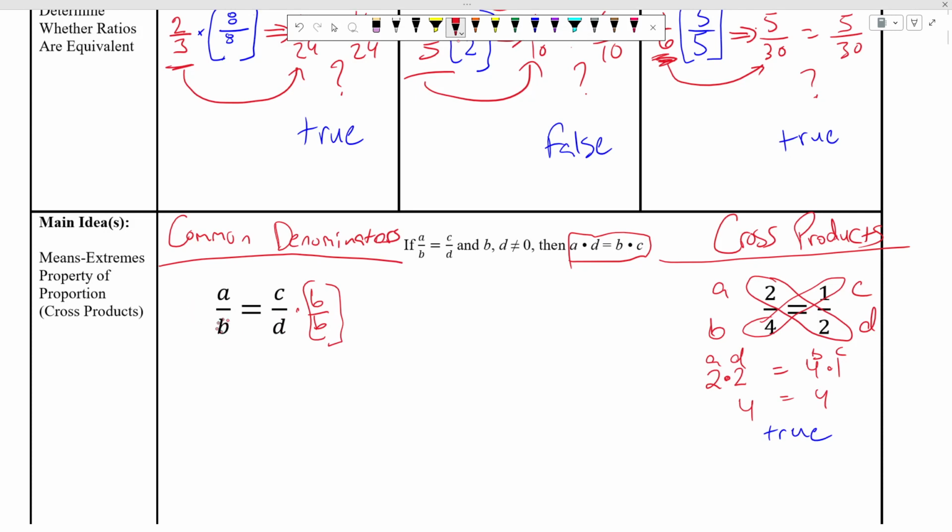Similarly over here, I have a b, and I need a d in order to get common denominators. So I would multiply by a representation of 1, which in this case would be d over d. Doing so gets me a times d over b times d, and that would equal c times b over b times d. Okay, great. This is the process of getting common denominators, CD.